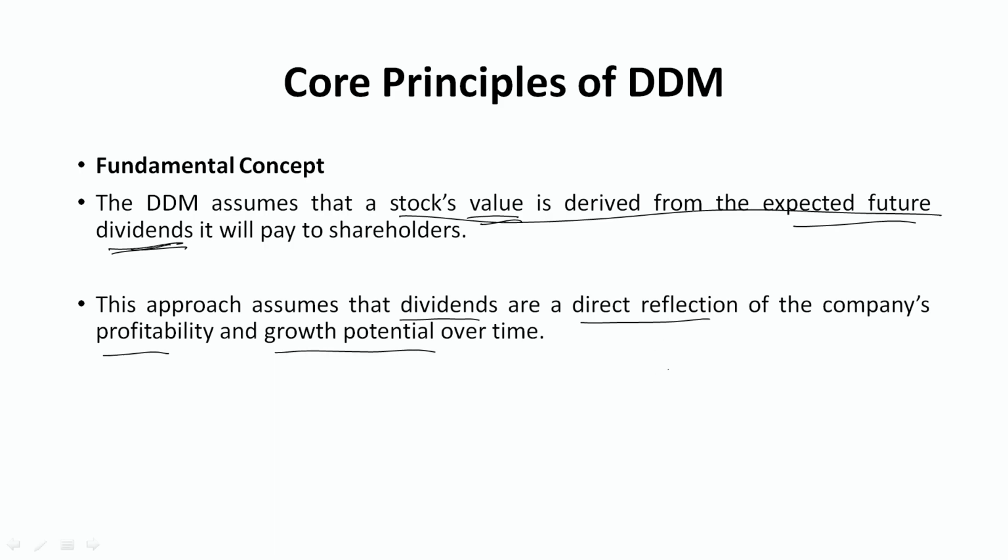So, if the company is declaring a dividend of 18%, it means that this 18% is coming from the profit which the company would have generated, right. So, indirectly or directly, this has a reflection of your company's profitability and the growth potential. Otherwise, it does not become sensible to use this particular method.